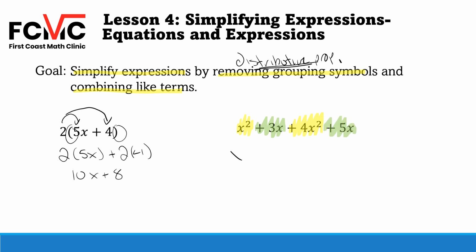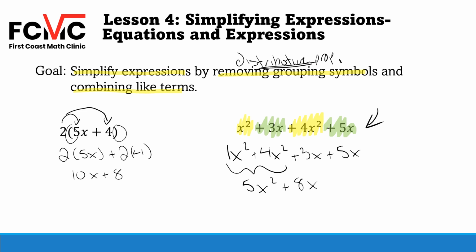So let's group those. X squared plus 4x squared plus 3x plus 5x. Coefficient here is 1, so we're going to get 5x squared plus 8x. So we simplified this expression by combining our like terms.